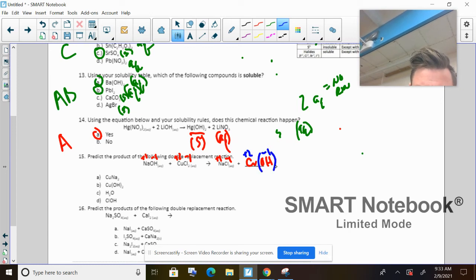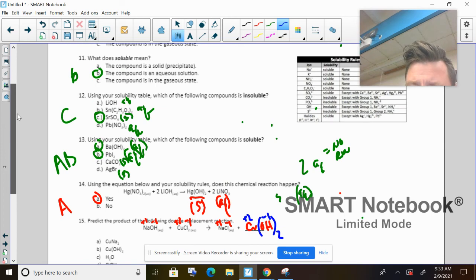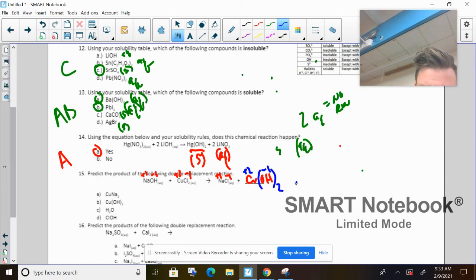I need 2 of these, so it's Cu(OH)2. Is it a solid or is it insoluble? OH is insoluble, so that would make that a solid. So the answer would be B. Important thing there is when you switch the charges, you got to have parentheses around the OH.